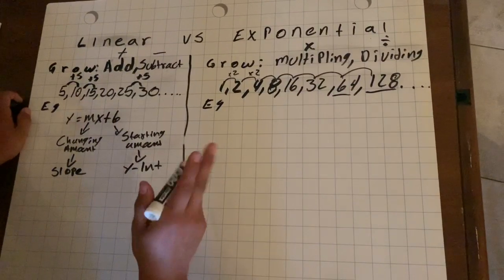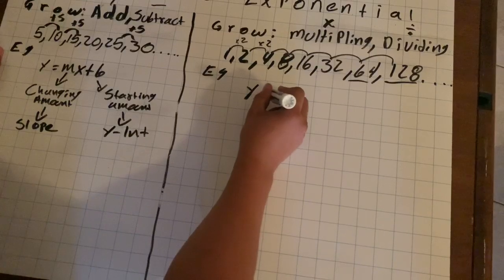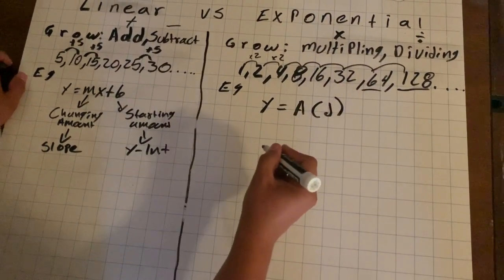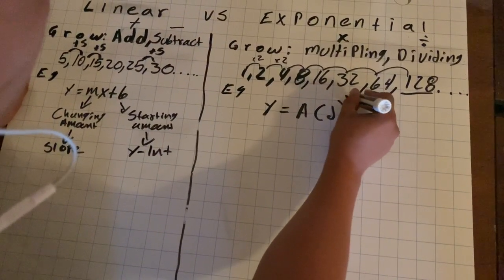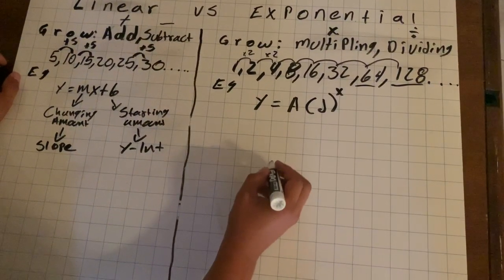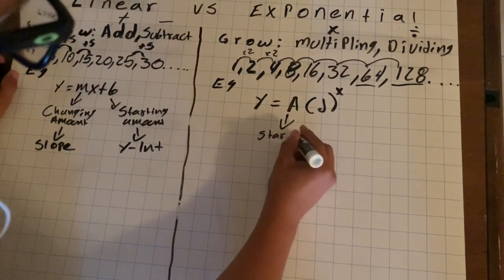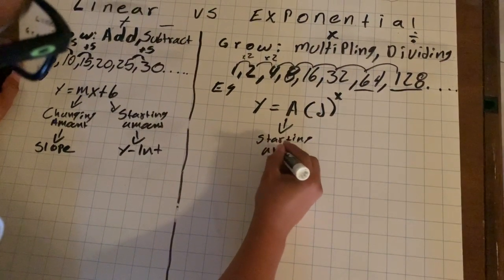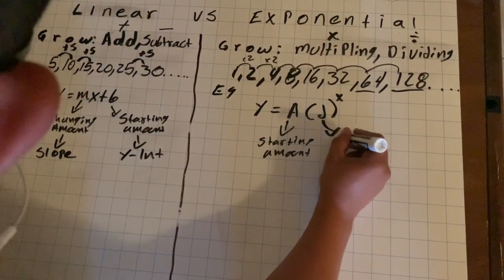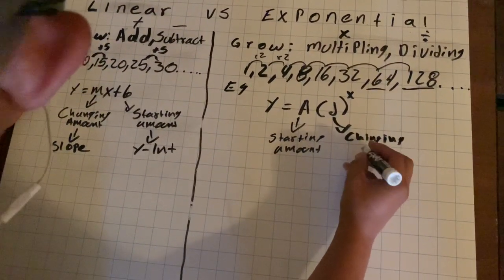The equation for the exponential is y equals a times b to the power of x, with b in parentheses and x as the exponent. For this one, it changes a little bit. The a is now your starting amount, and the b is your changing multiplier.